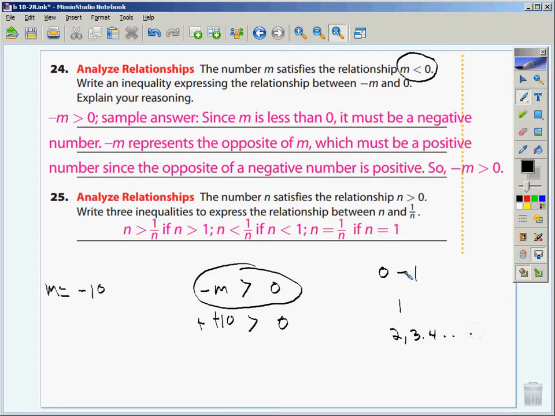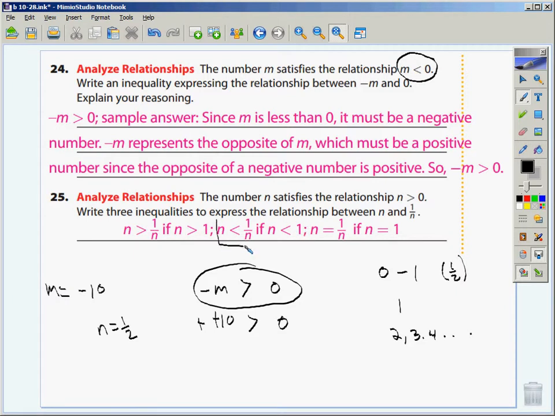Now, when I have to make these kinds of comparisons, I like to pick numbers that are easier to work with. So I picked a half. It's probably the easiest fraction there is to work with. And I wanted to see what would happen in this relationship. I said, let n be a half. In other words, I'm letting n be less than 1.